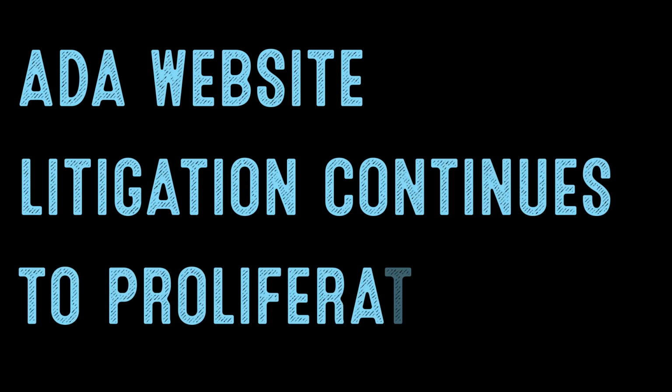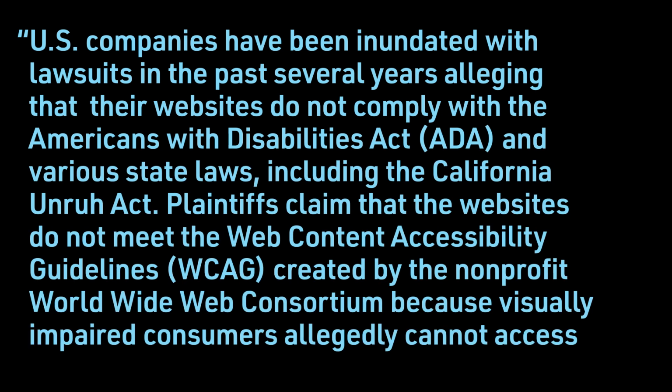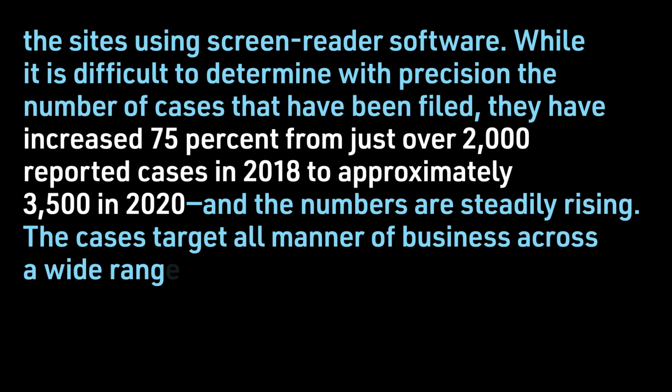From the National Law Review published June 2, 2021, ADA website litigation continues to proliferate in 2021. U.S. companies have been inundated with lawsuits in the past several years alleging that their websites do not comply with the ADA and various state laws, including the California Unruh Act. Plaintiffs claim that the websites do not meet the Web Content Accessibility Guidelines, created by the nonprofit World Wide Web Consortium, because visually impaired consumers allegedly cannot access the sites using screen reader software.